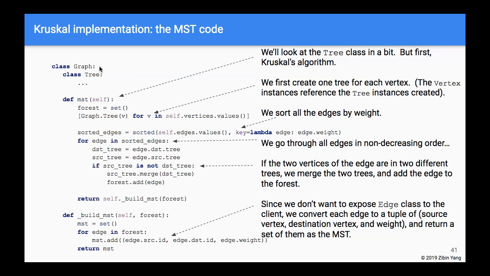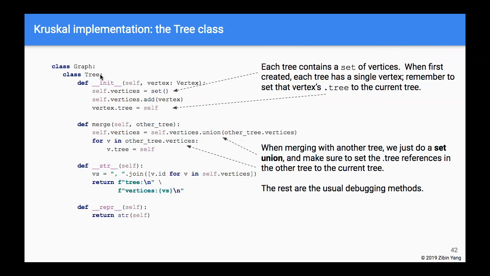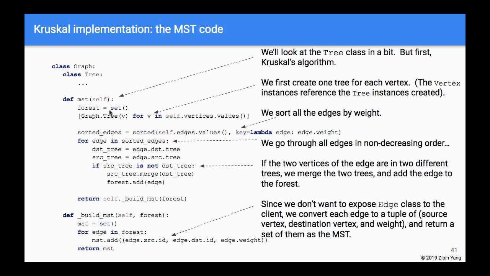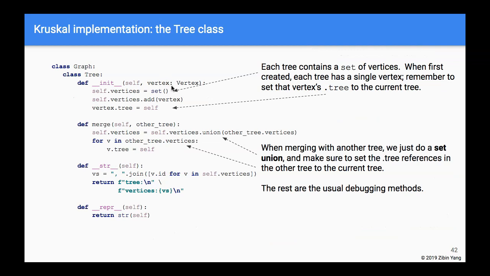And the last thing we need to look at is the nested tree class. Remember, when we first instantiate a tree, we instantiate the tree with a single vertex in it. So that's what the initializer will take, a single vertex. Now, a tree ultimately will contain a collection of vertices, and the order of these vertices does not matter.